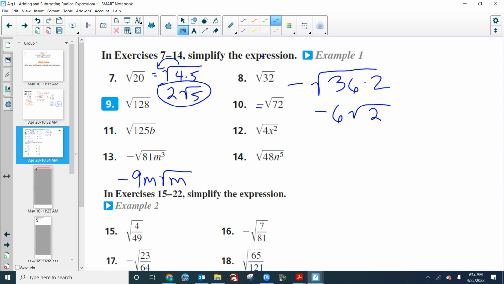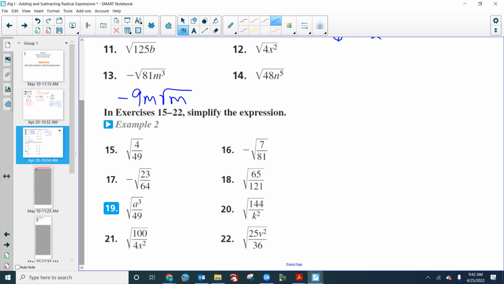Now let's take a look at some of these down here. Remember, treat them what? Numerator by itself, denominator by itself. Everybody look at 15. Again, guys, write it down. Square root of 4/49. This is mental math. They're both perfect squares.